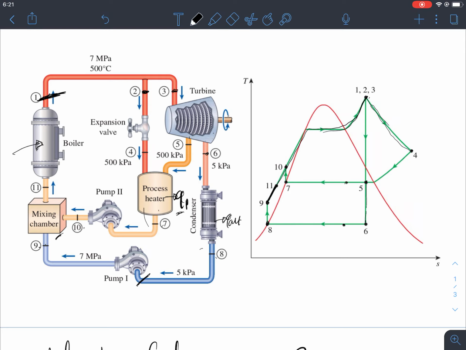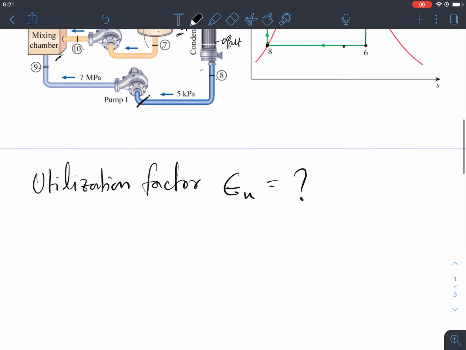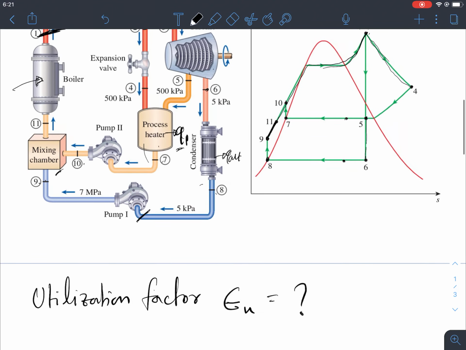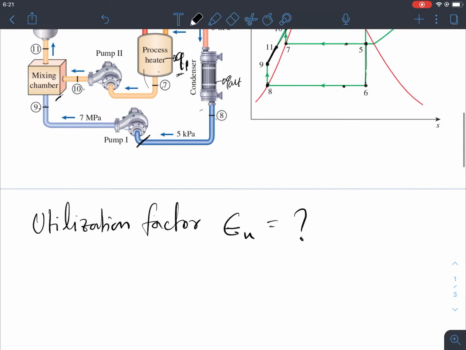So basically output versus input, right? So it's kind of an efficiency, but rather than efficiency, we're trying to define this utilization factor in terms of one single input versus two outputs, okay?